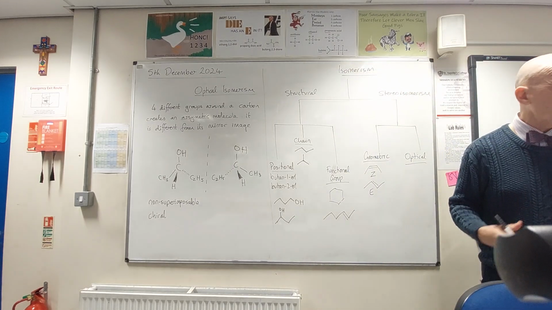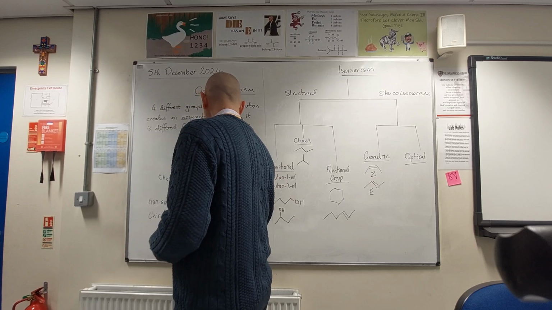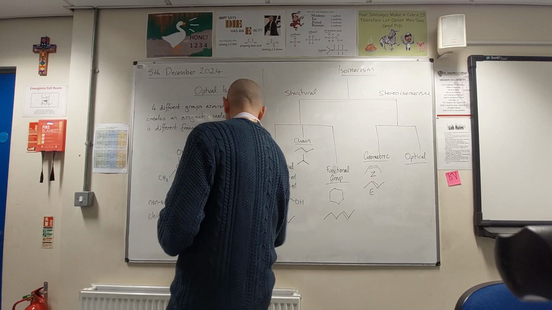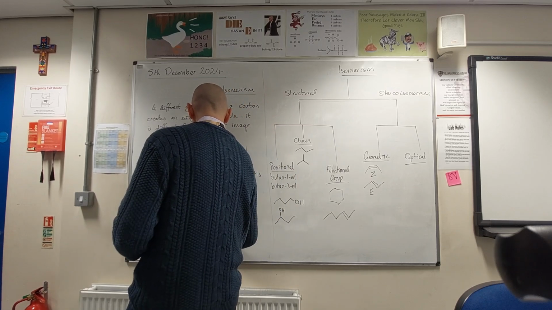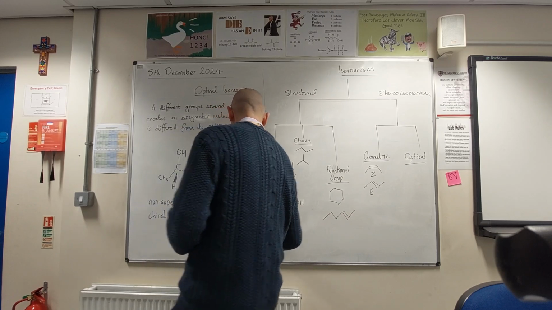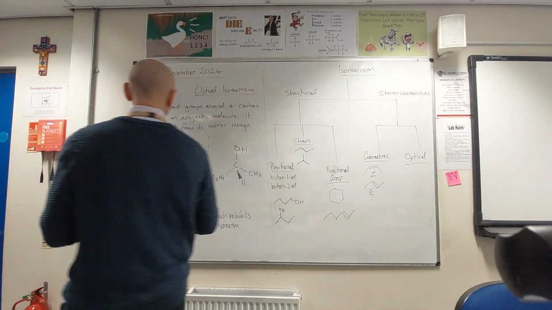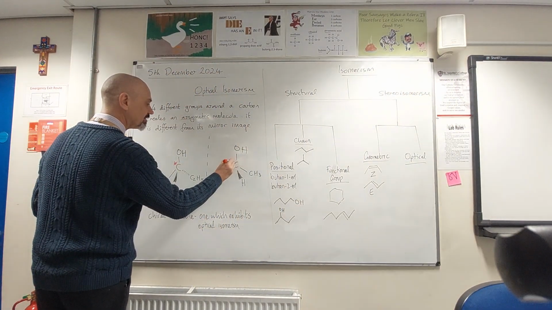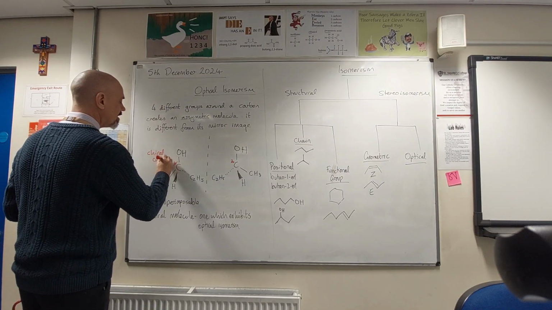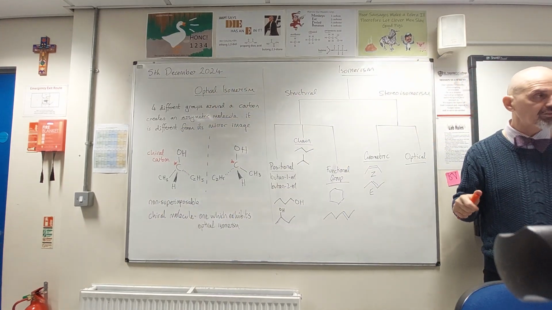So we talk about a chiral molecule, which would be one which exhibits optical isomerism. Or we could talk about a chiral carbon or a chiral center, and it's often depicted with a little asterisk, as the carbon with 4 different groups around it.